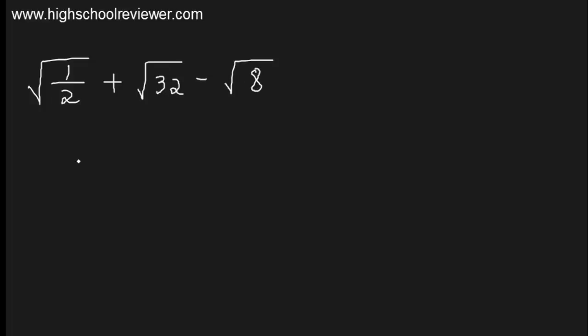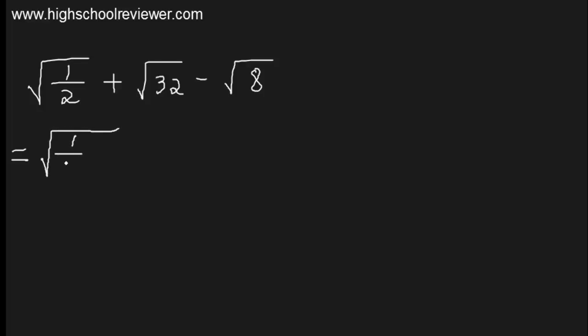Next problem, we will have the square root of 1 over 2 plus the square root of 32 minus the square root of 8. Okay, so first we are going to simplify the radicand with the fractional part. So we will first simplify the square root of 1/2.